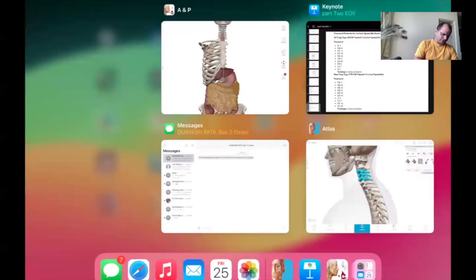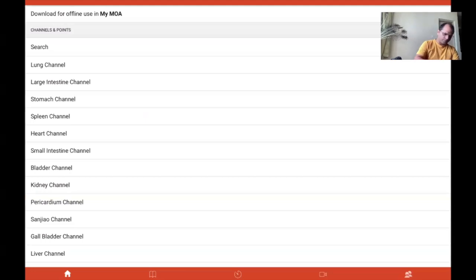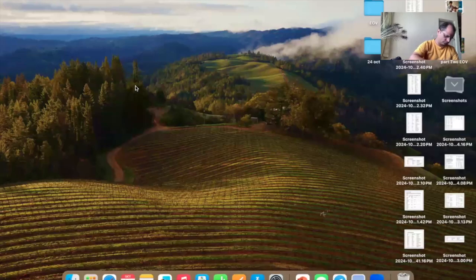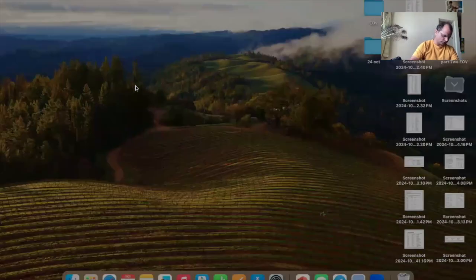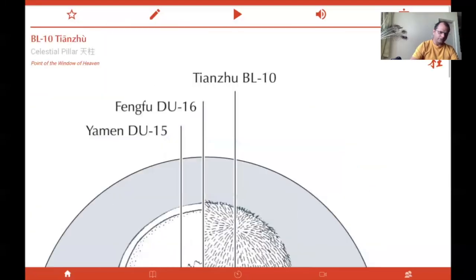So let's see a few points quickly. First, I would like to highlight the points on the bladder channel. So this is bladder 10.